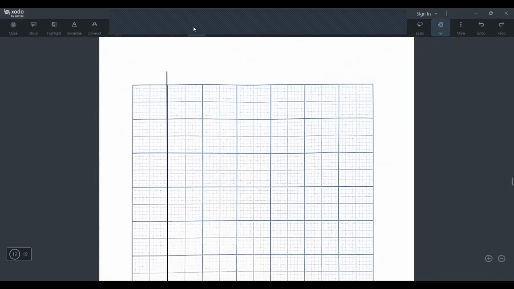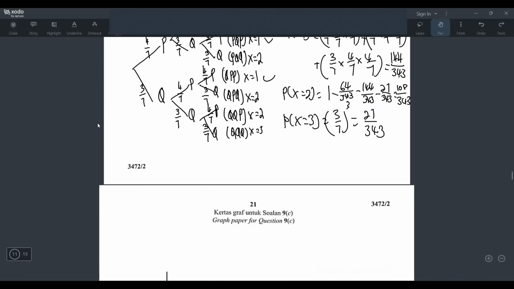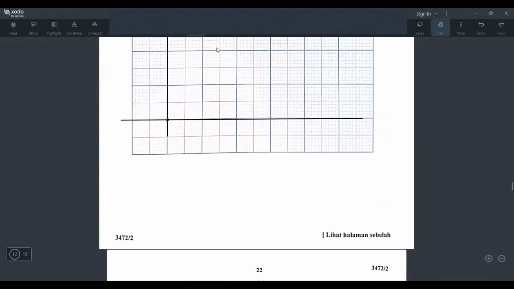Okay, good enough. And then here you will write probability for X equals x. Okay, P(X = x) means the probability lah. And then in the other axis, you will write X, huruf besar. For the X, you will write 0, 1, 2, 3, right? Because it can be 0, can be 1, can be 2, can be 3.